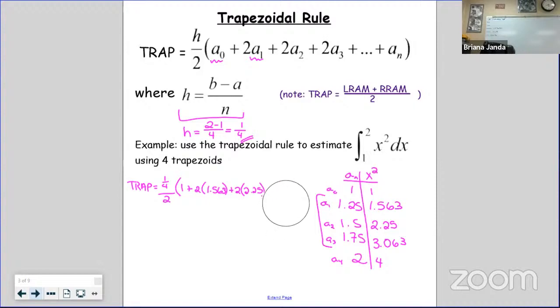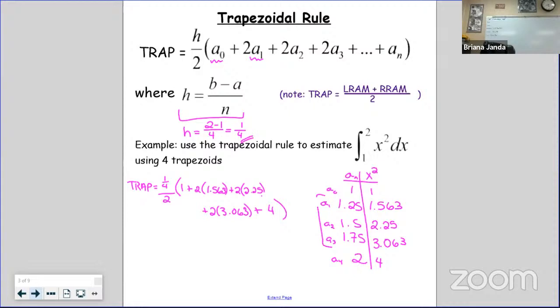Oops, I'm going to run out of room here. And then our last base is only used once. First and last should only be used one time because they are not used for 2 different trapezoids if you were to draw that picture.